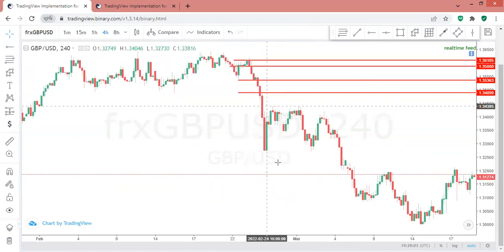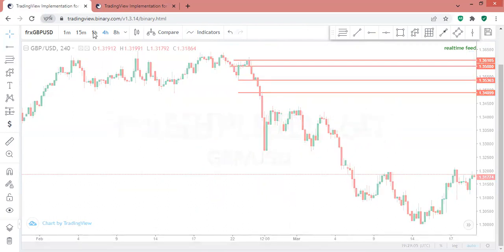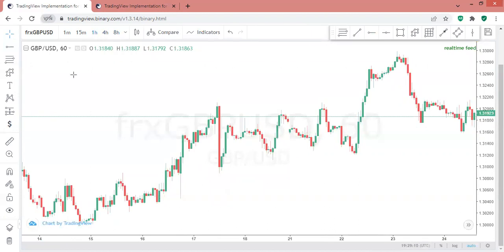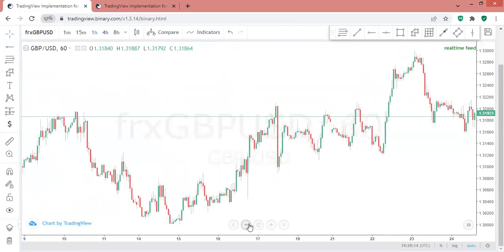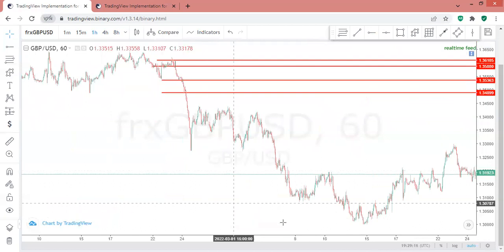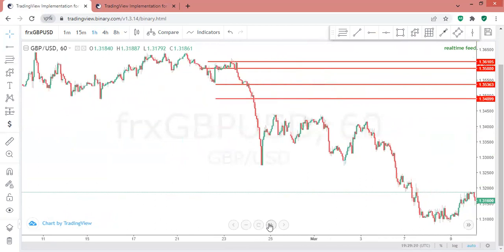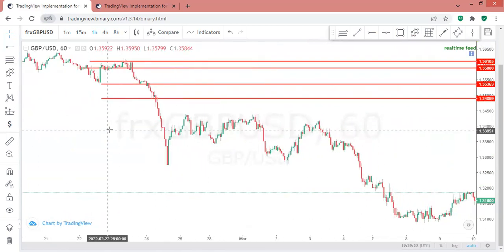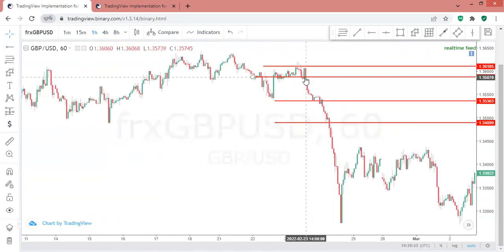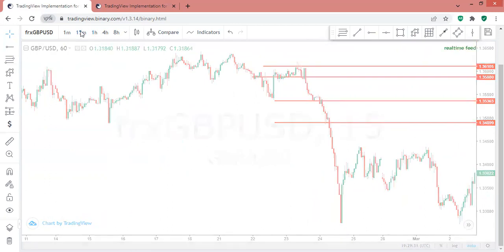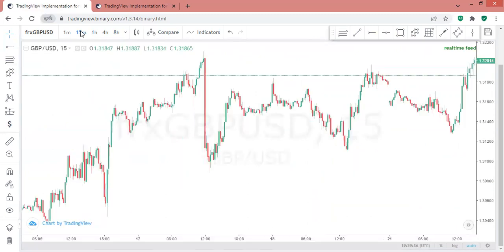If I go to 1 hour, I'm still going to see the last 1 hour buy before the sell right inside it. Let me zoom it so that you see it very well. It's still falling under the same level. If I go to 15 minutes, you still see the same thing.